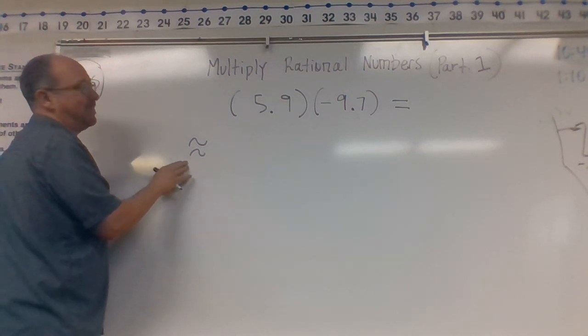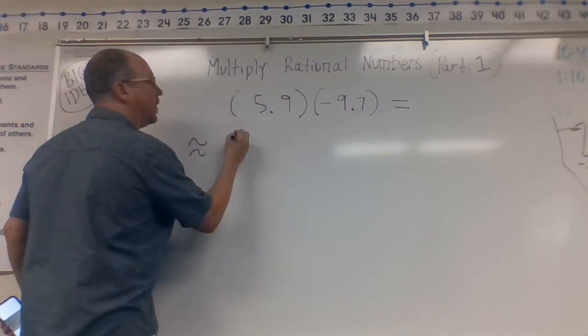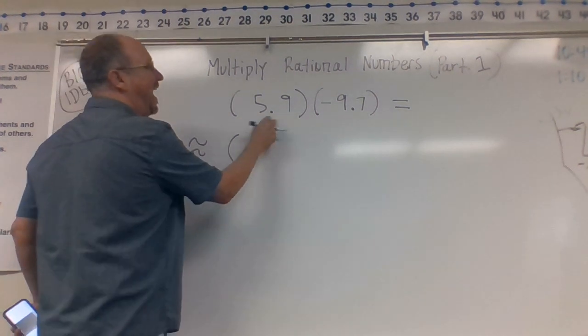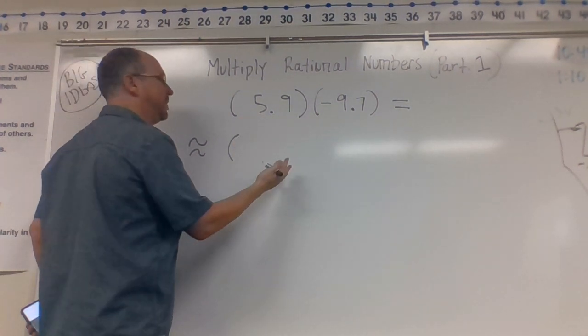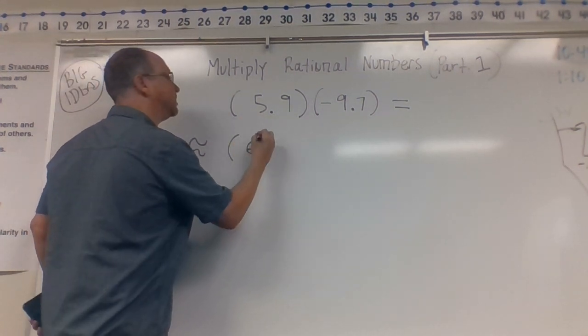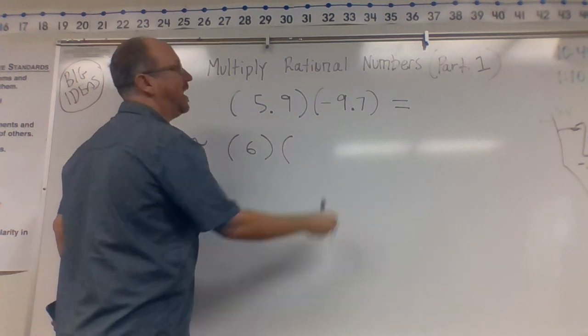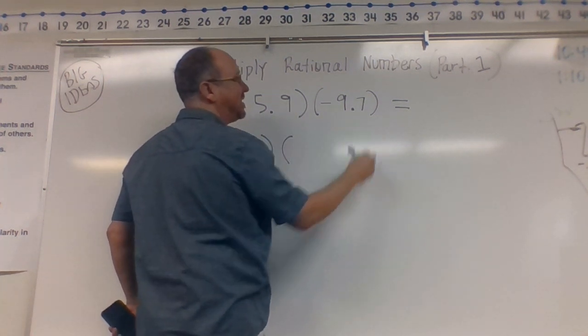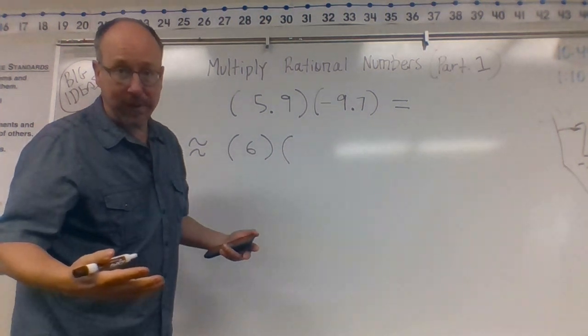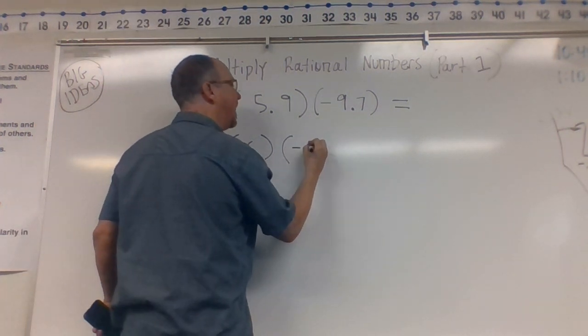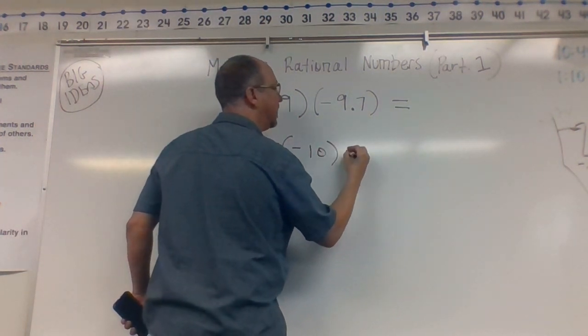That means estimated, about. So our 5 and 9/10 rounds up to what? And our negative 9 and 7/10 rounds to about what? Technically down to a negative 10.